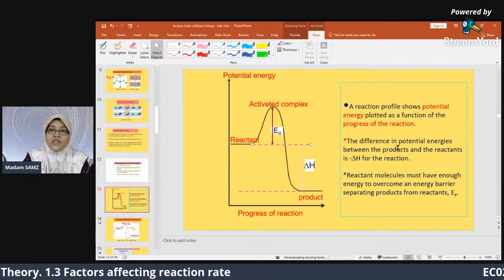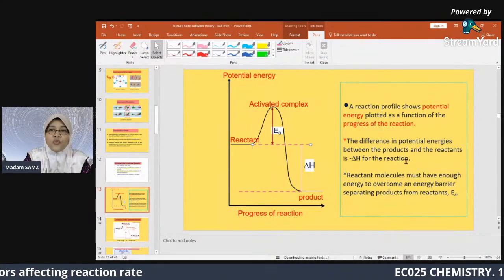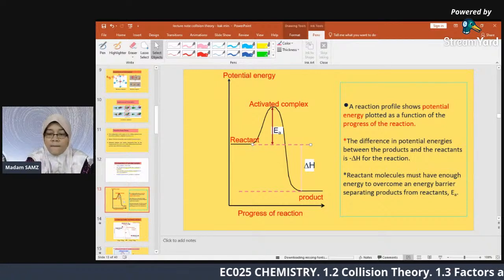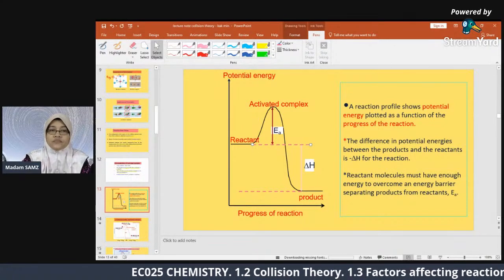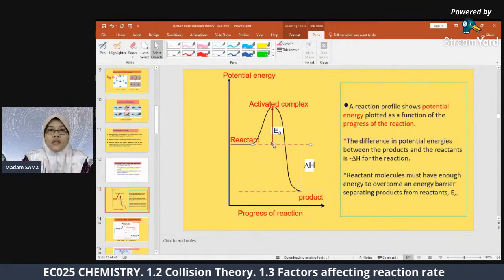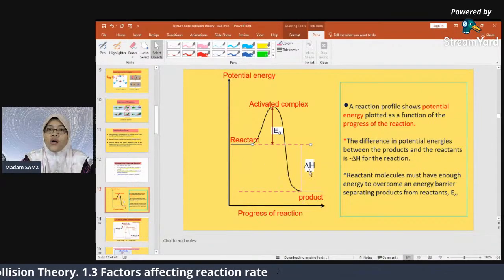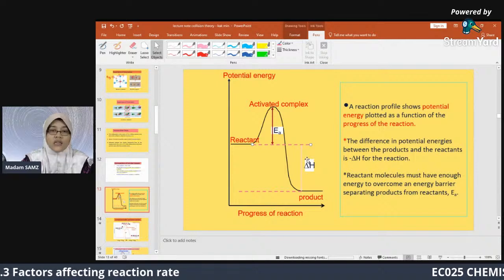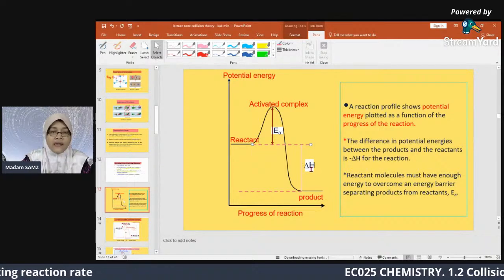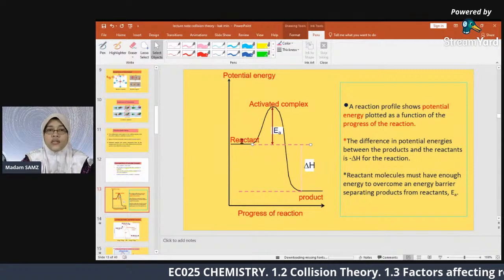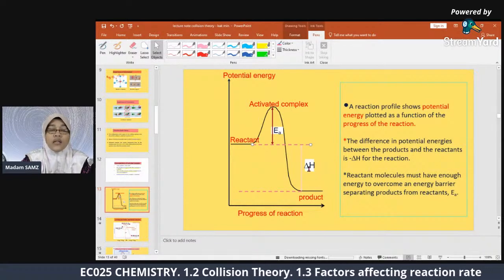So here in the energy profile diagram, remember, is the potential energy against progress of reaction. The difference in potential energy between product and reactant we call enthalpy, delta H. So again I repeat, the difference between energy of reactant and product is called enthalpy.